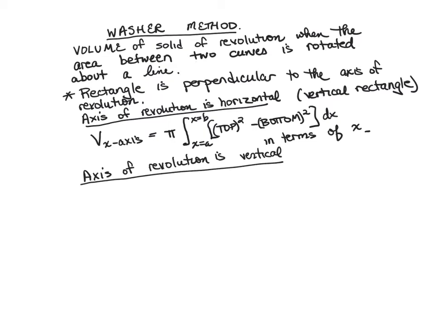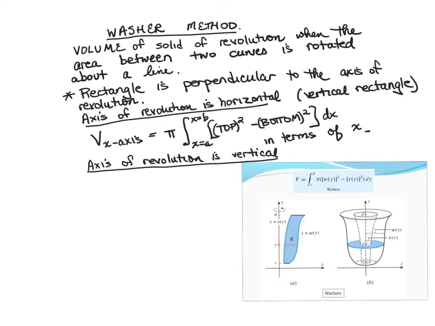All right, so let's take a look at a diagram. Here I have a diagram where region R in diagram A is in blue. Notice that it's bounded by these two curves, this curve and this curve, right?